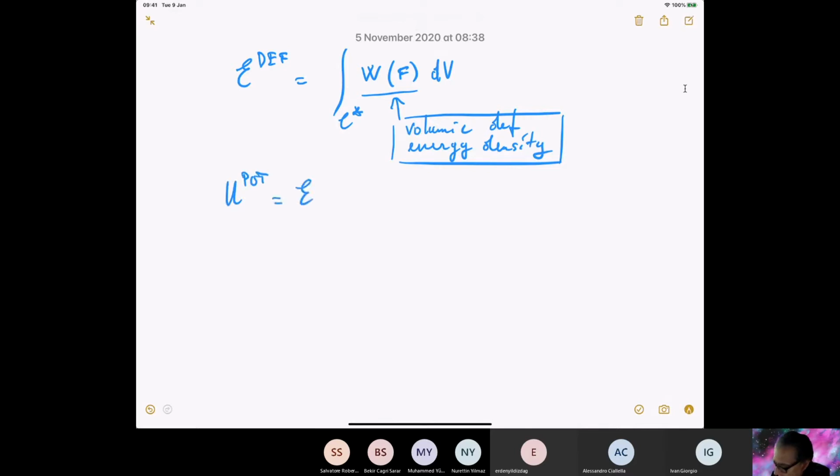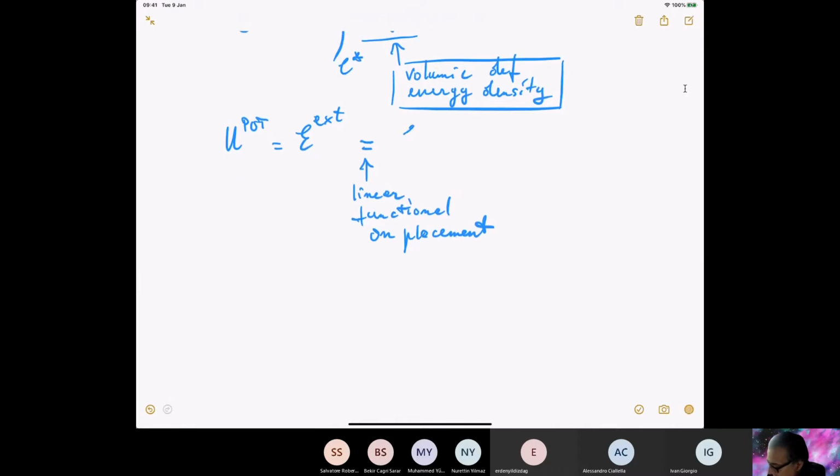We have also called EX in this form. It has to be a linear functional on placement. So in general, this is a linear functional of the placement.